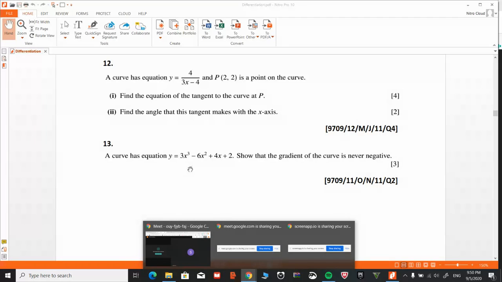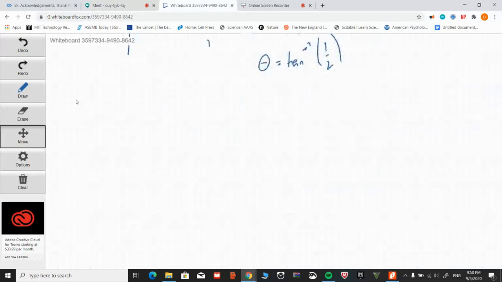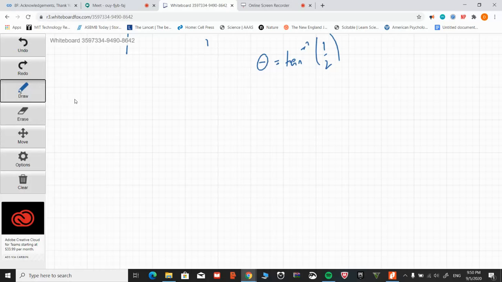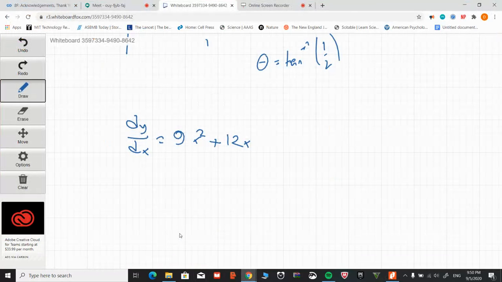If you differentiate it, 3 3 the 9. 9x squared minus 12x plus 4. হ্যাঁ, so what we can say is dy by dx, the gradient, is 9x squared minus 12x plus 4. Now why is this important, and where does this negative positive come in?